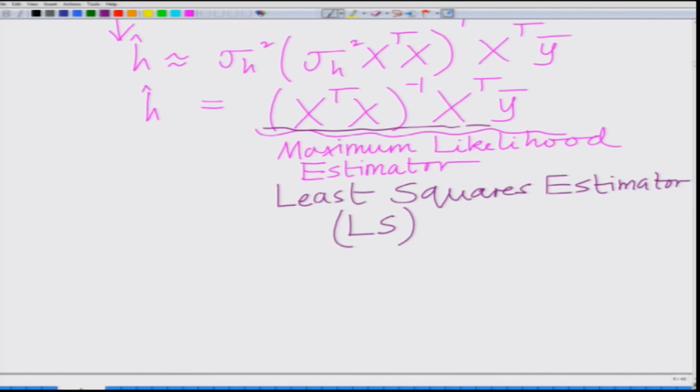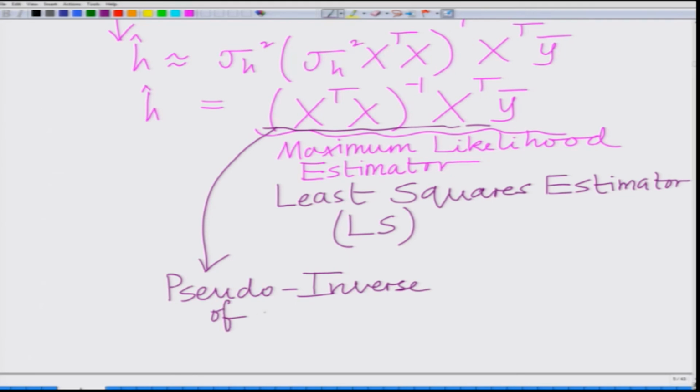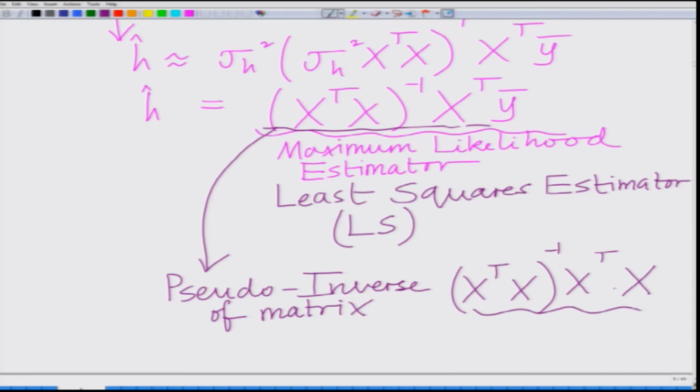And if you look at this quantity x transpose x inverse x transpose, this is known as the pseudo inverse of the matrix X. Reason being, if you look at x transpose x inverse x transpose and multiply that by x, now you have x transpose x inverse into x transpose x, this is equal to identity.